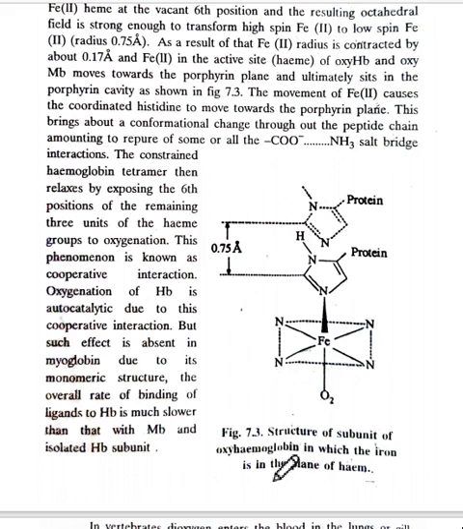As a result of that, the Fe2+ radius is contracted by about 0.17, and Fe2+ in the active site heme of oxyhemoglobin and oxymyoglobin moves towards the porphyrin plane and ultimately sits in the porphyrin cavity. We can see in this diagram the structure of a subunit of oxyhemoglobin, in which the iron is in the plane of heme.